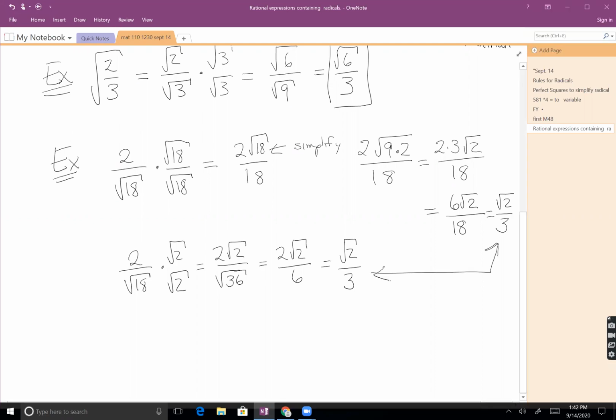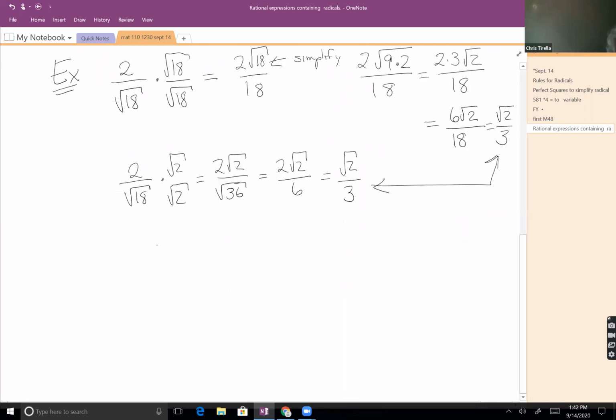What if you simplified radical 18 at the beginning and then multiplied out the smaller number on the smaller radicand? Sure, you could do that. If I had 2 over the square root of 18, you could change that into 2 over the square root of 9 times 2, which would give me 2 over 3 radical 2.